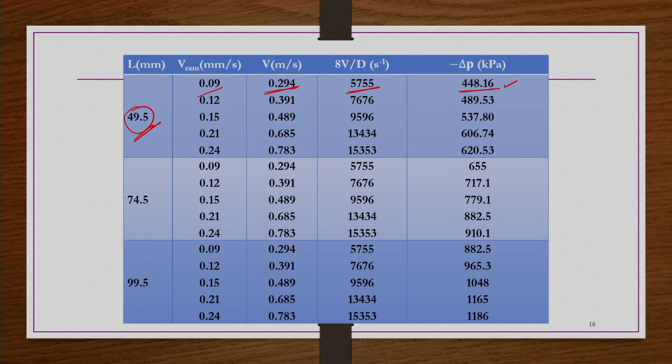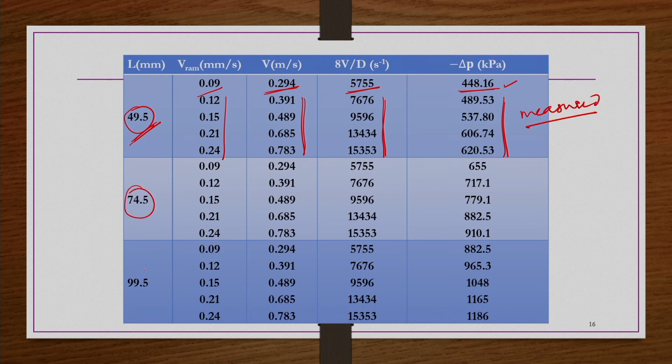So, similarly, for the same first capillary of 49.5 mm, you obtain the Vram, and the corresponding V average or capillary velocity you find out. Then the corresponding nominal shear rate you find out and tabulate them here, and then the measured pressure drop, which is all given, so you just note it down.